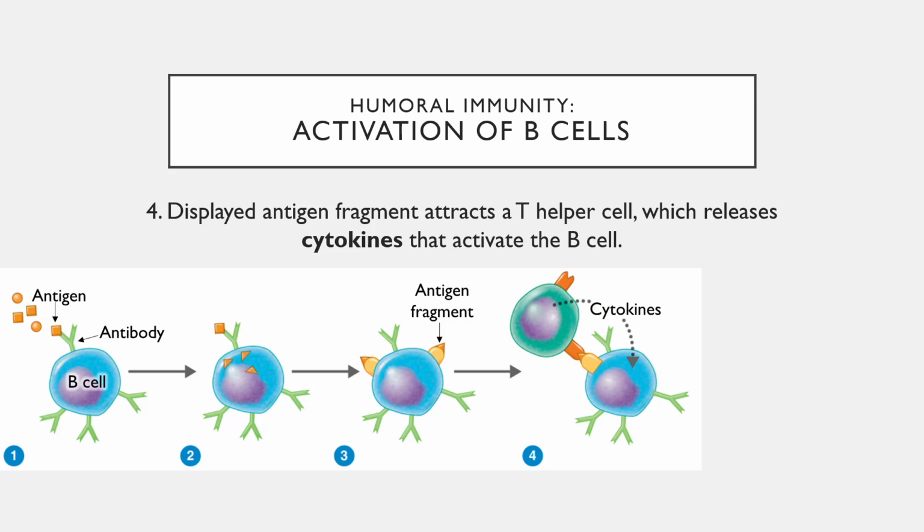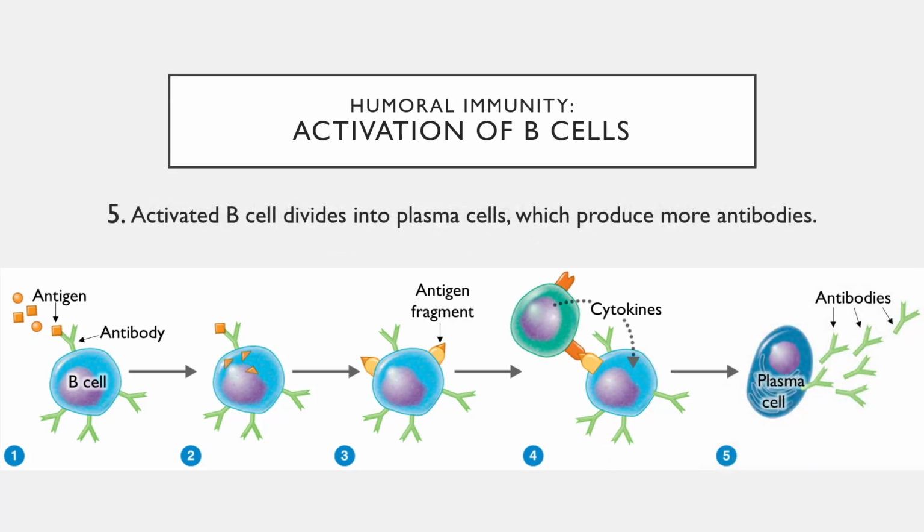So in this situation, the T helper cell is like the boss. It will come in, recognize the antigen, and then give the green light in the form of cytokines for the B cell to differentiate into plasma cells, and those plasma cells will then generate massive amounts of antibodies specific to that antigen, which then can go through the process of neutralization, agglutination, and all the other ways that antibodies neutralize chemical invaders.